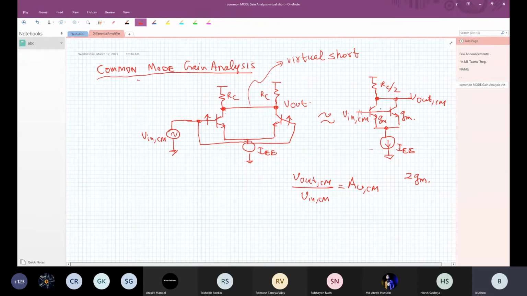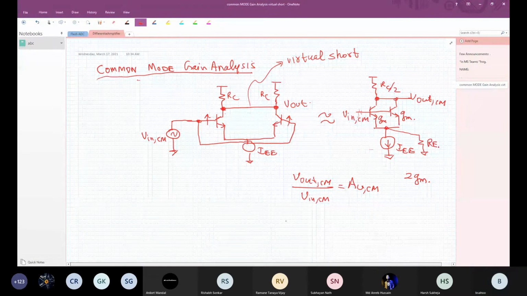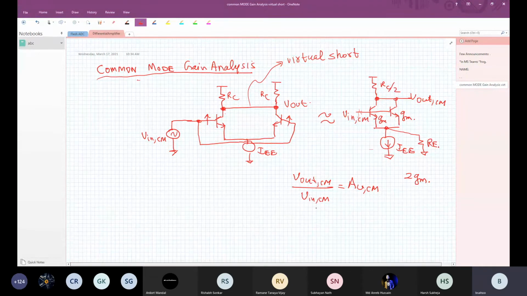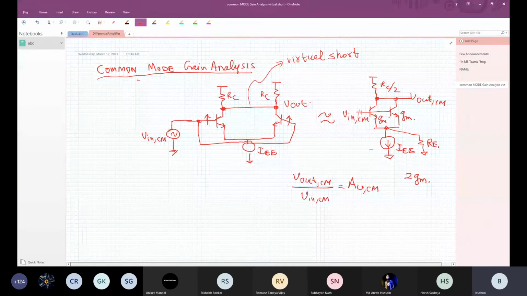Now if I have a tail current source with a certain resistance RE, can you tell me what the common mode gain will be? It becomes this combined transistor being degenerated by this emitter resistance, which is the current source resistance, times RC by 2.